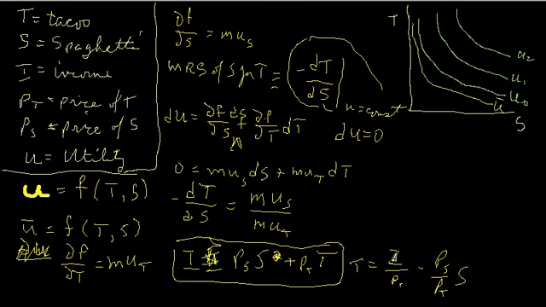And the intercept on that income constraint is income divided by the price of tacos. So we can draw that here.